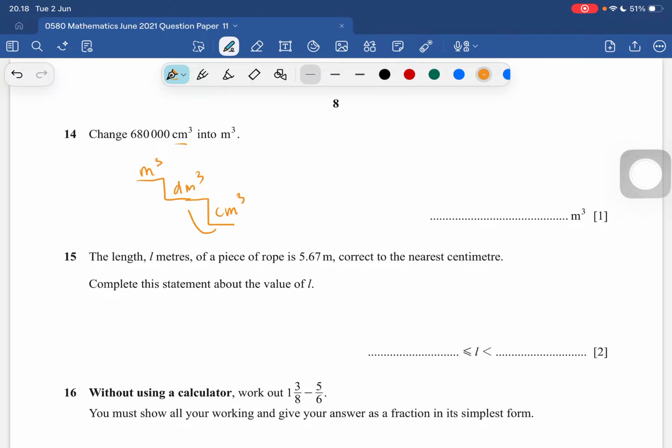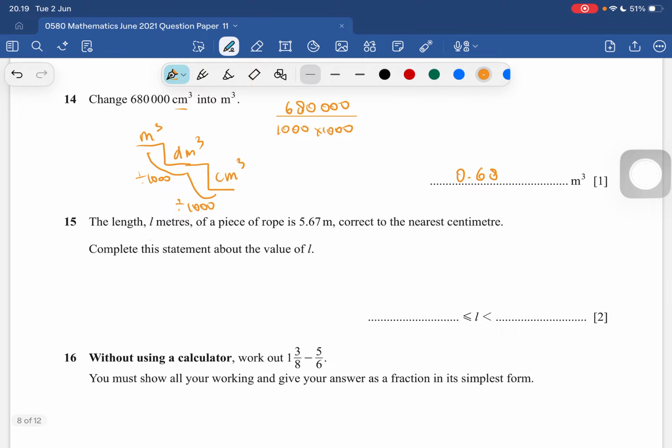If we are going up, we need to divide. So here we divide by 1000 and another 1000. So we got 1, 2, 3. We divide by 1000 with 1000, and we will get the answer equal to 0.68 meter cube.